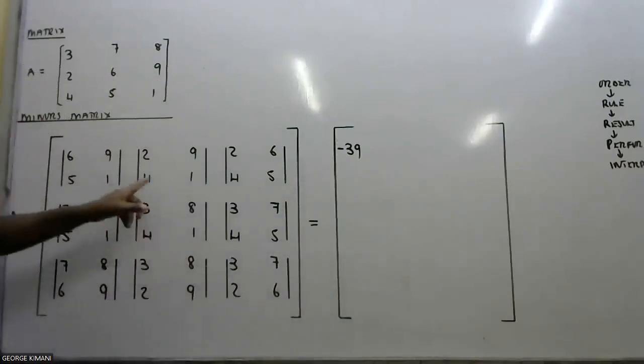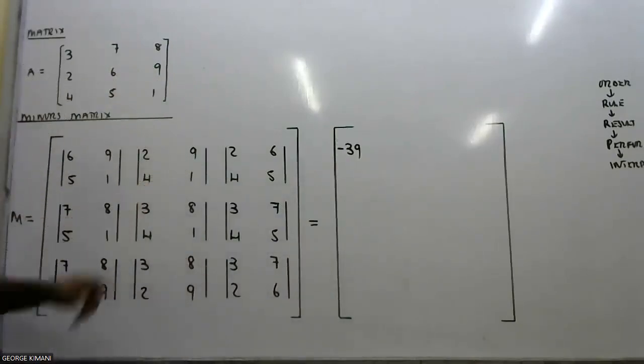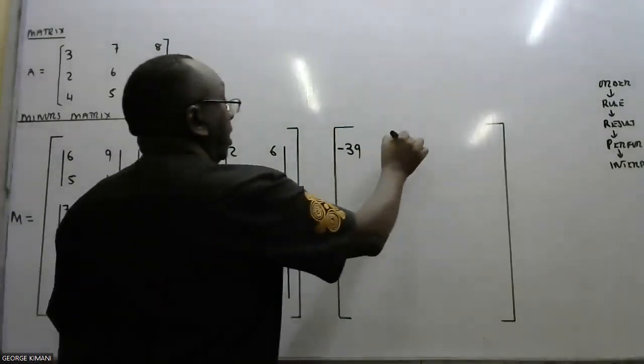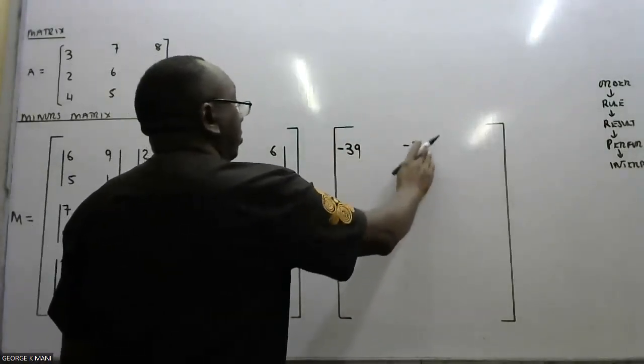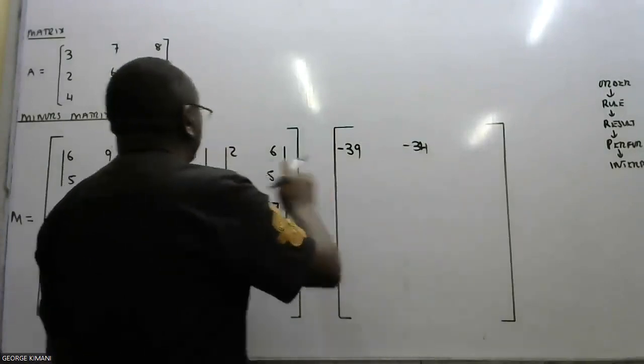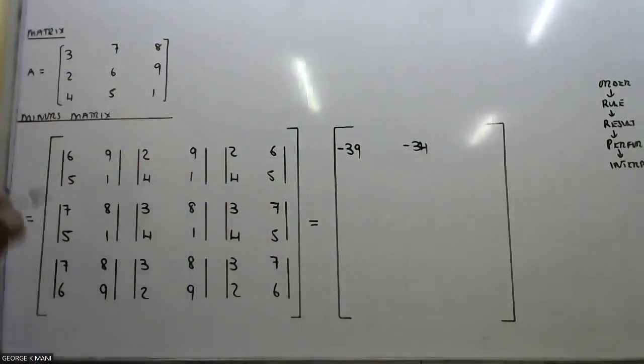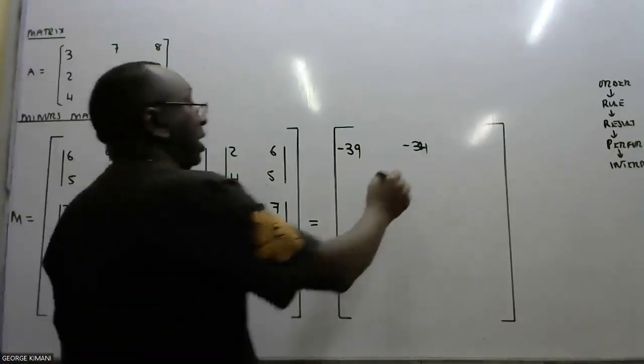Come here, 2 times 1 minus 4 times 9, that is minus 34. Let's go to the other one, you say 2 times 5 minus 4 times 6, that is minus 14.